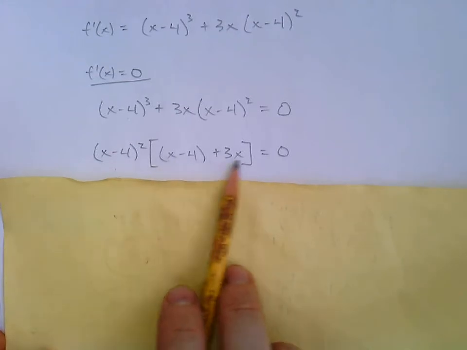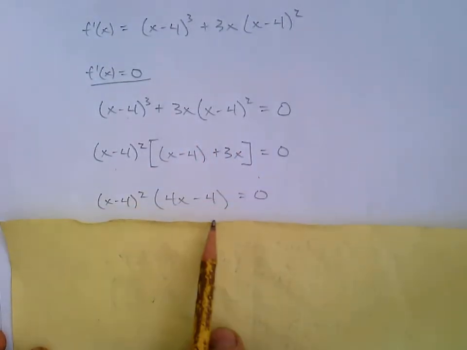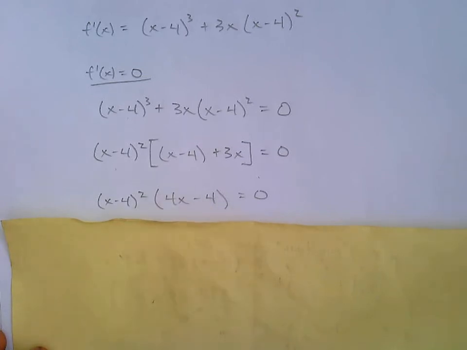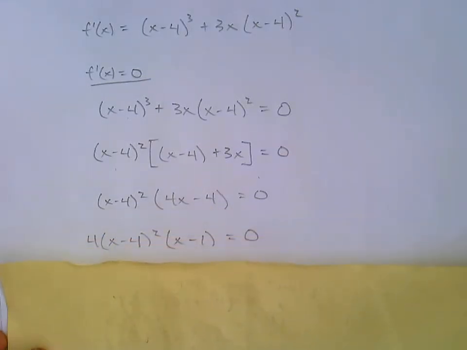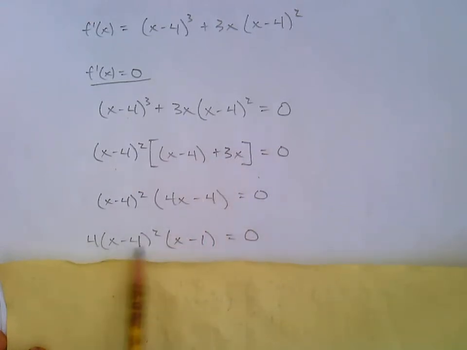Okay, then we can simplify what's inside these big brackets, right? 4x minus 4. And wouldn't you know it, a 4 factors out of that. 4 times x minus 4 squared times x minus 1 equals 0. And in just a couple of steps, it's fully factored.